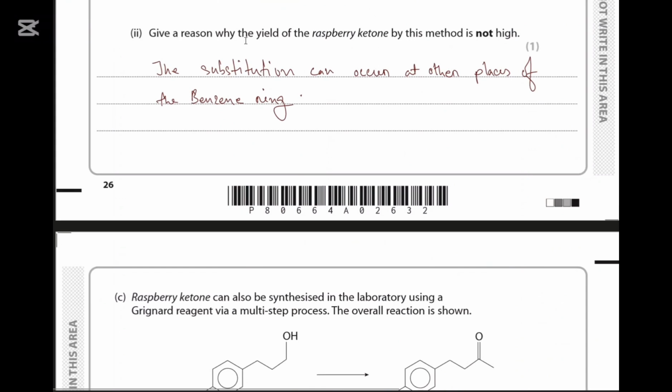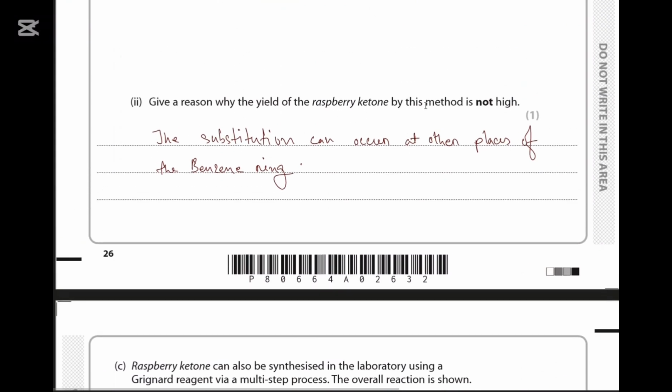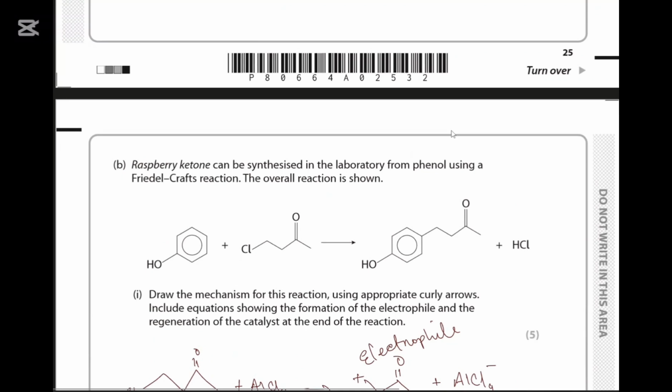Then we have number 2, give a reason why the yield of raspberry ketone by this method is not high. It's not high because for this molecule to form, the substituent needs to be bonded in this exact position. If we count from here, 1, 2, 3, it needs to be bonded on this fourth carbon atom.